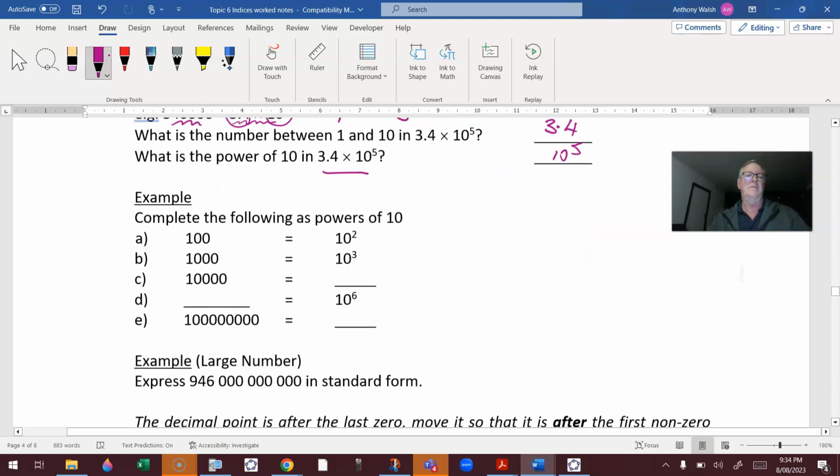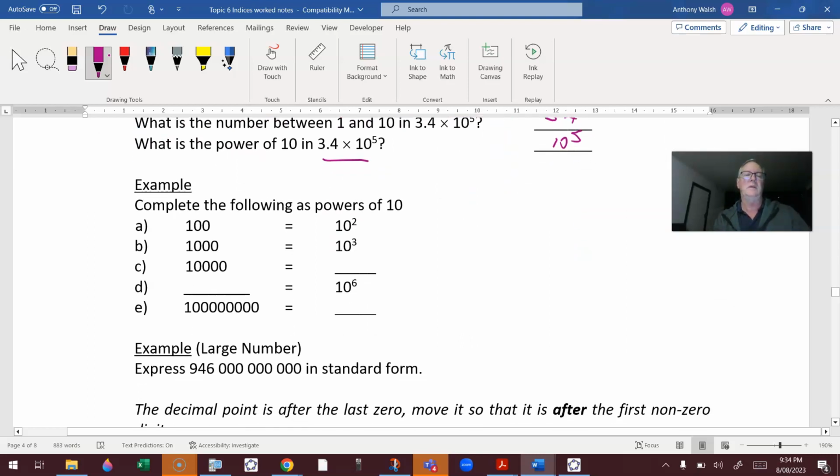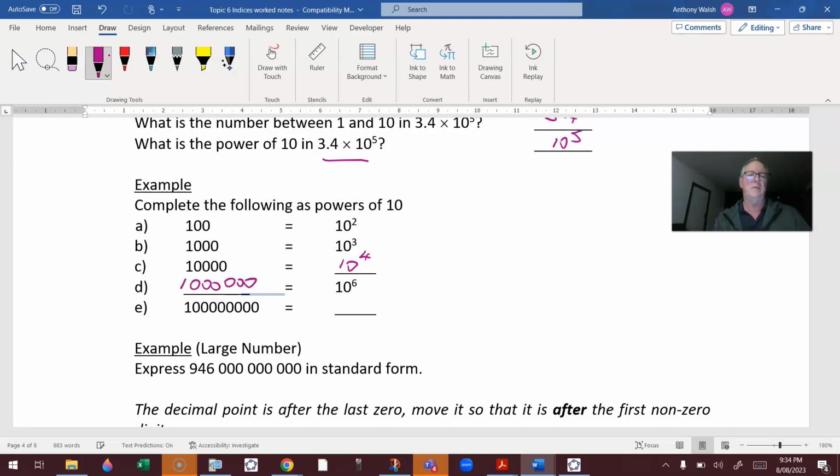Here's some other powers of 10. 100 is 10 squared, 10 by 10. 1,000 is 10 cubed, 10 by 10 by 10. And you'll note that 100 has 2 zeros following the 1, so it's 10 squared. 1,000 has 3 zeros following the 1, it's 10 cubed. 10,000 on the other hand has 4 zeros after the 1, so it would be 10 raised to the power 4. 10 raised to the power 6 would have 6 zeros following the 1, a million.